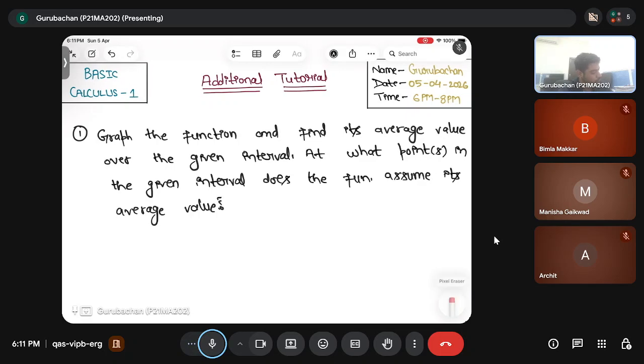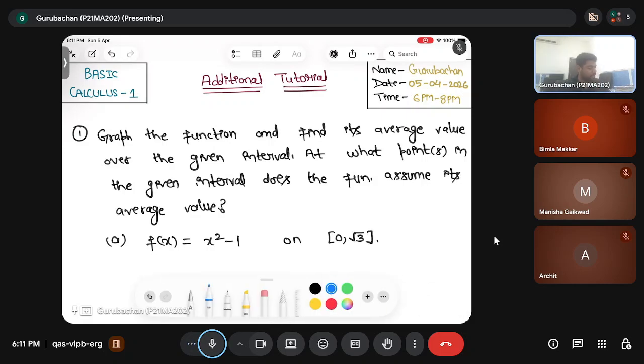So first one is, suppose we have given some function x square minus 1 on the interval 0 to under root 3. So we have to find out, first of all, graph this function, find its average value, and find out at which points this average value is being assumed or attained.